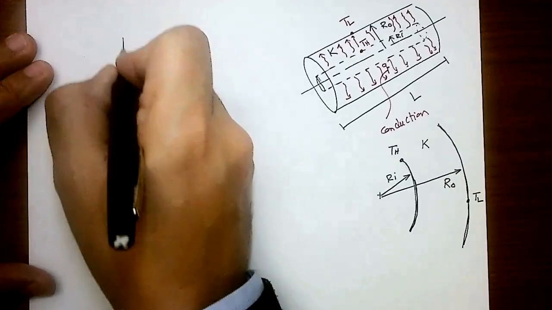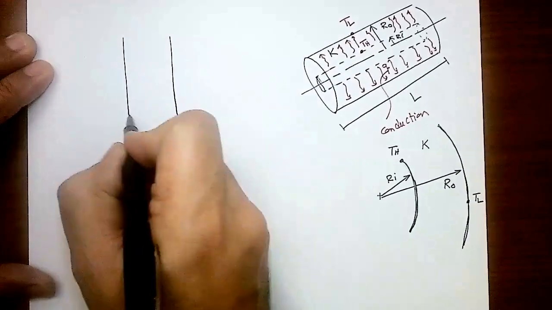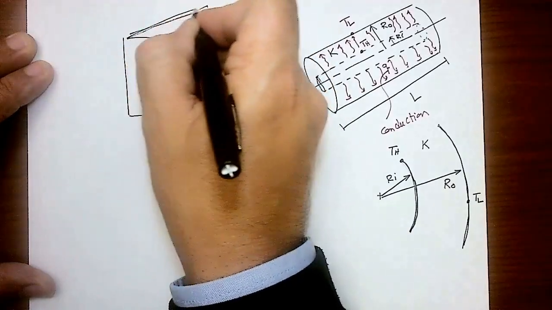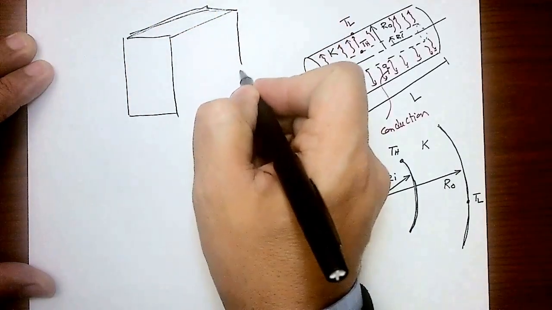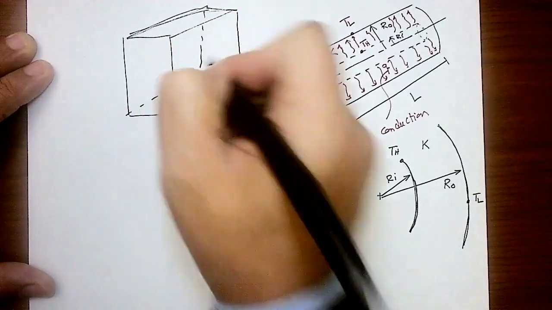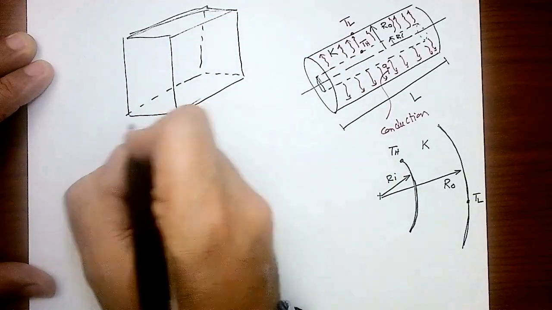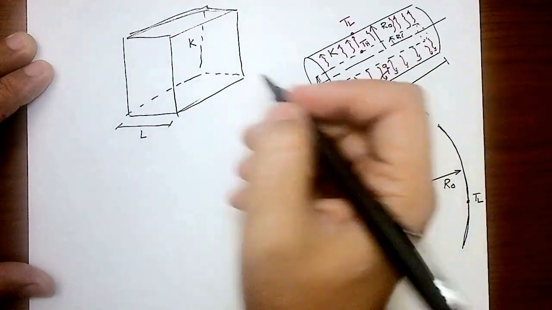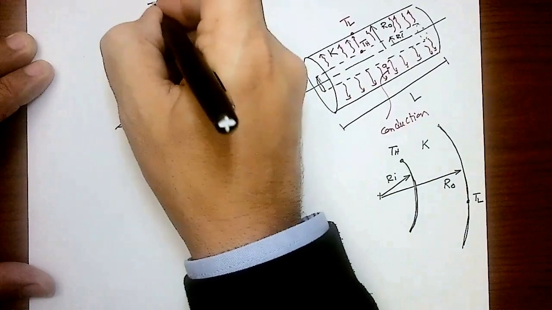Recall the three-dimension drawing of the plane surface, just to refresh your memory. This is thickness L. This is a solid body with thermal conductivity K. The back face is at T_H.